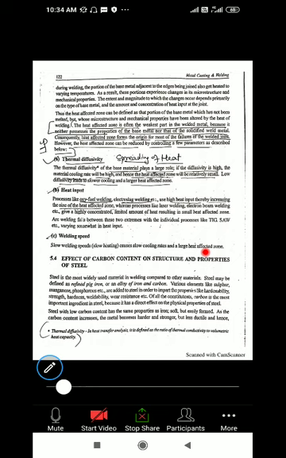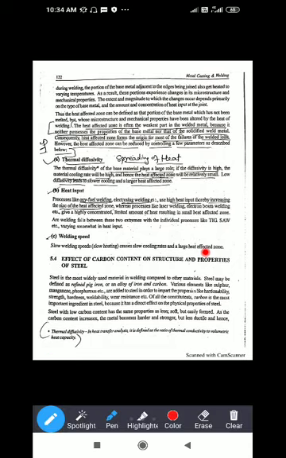But only the area which is affected by the heat becomes weaker and loses its mechanical property. It neither possesses the property of the base metal nor that of the solidified weld metal.